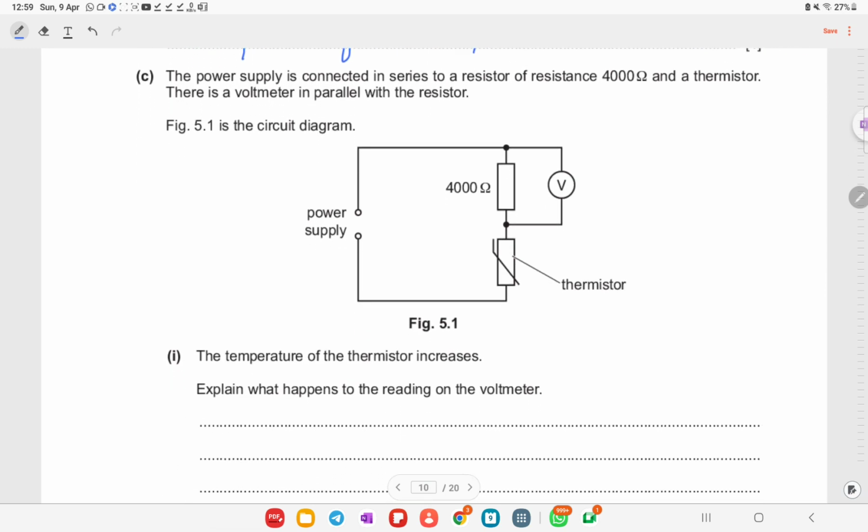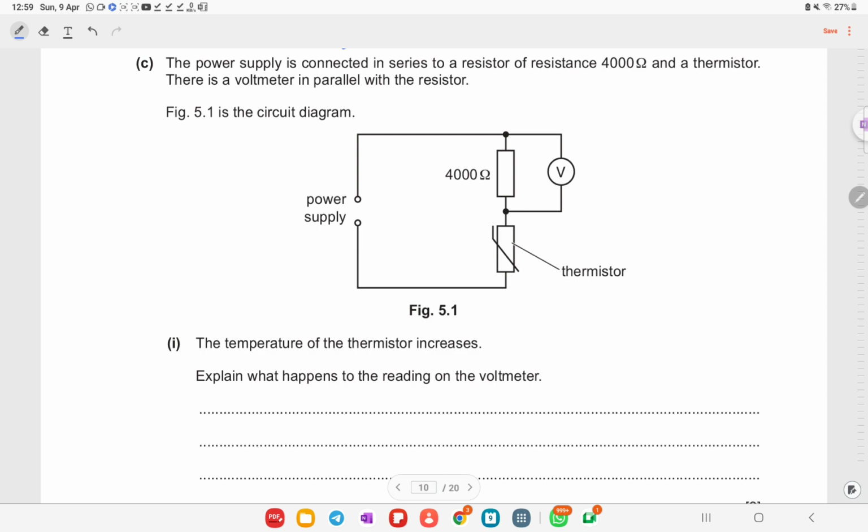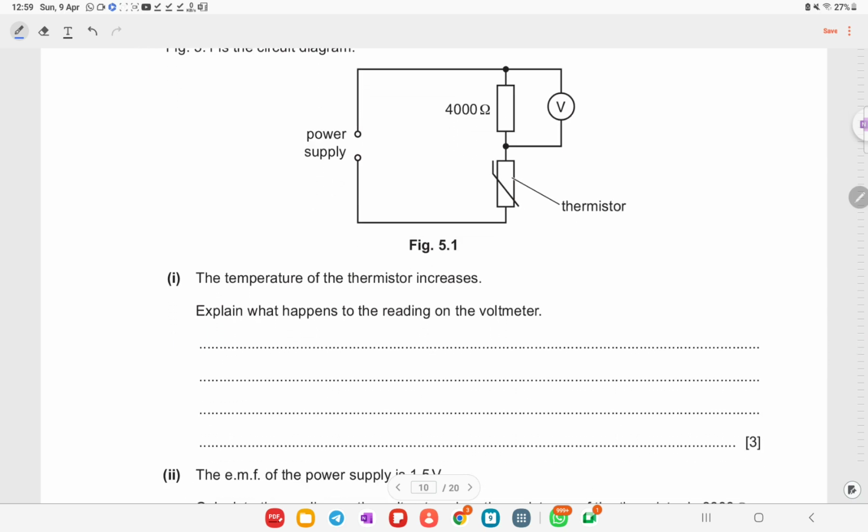The power supply is connected in series to a resistor of resistance 4000 ohms and a thermistor. There is a voltmeter in parallel with the resistor. This diagram is shown. The temperature of the thermistor increases. Explain what will happen to the reading of the voltmeter. You must know that when the temperature of a thermistor increases, its resistance decreases, so a larger current will pass through the circuit.